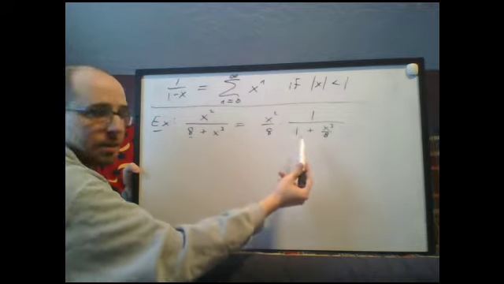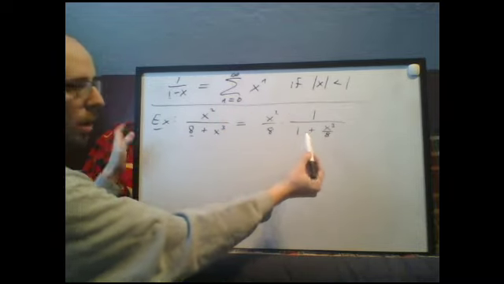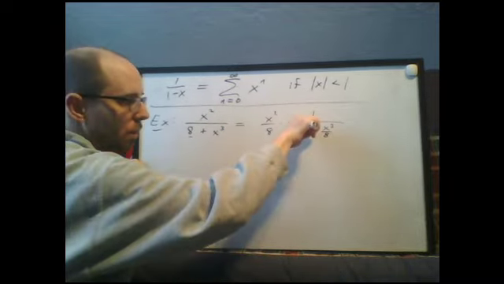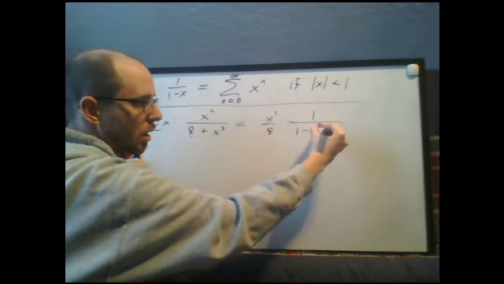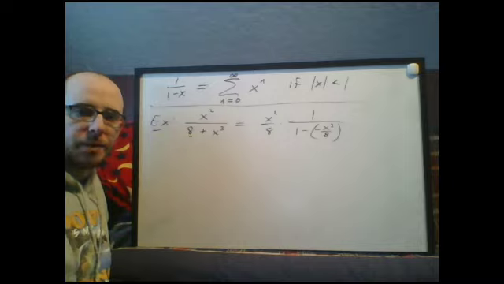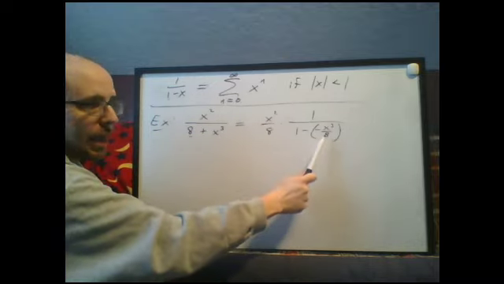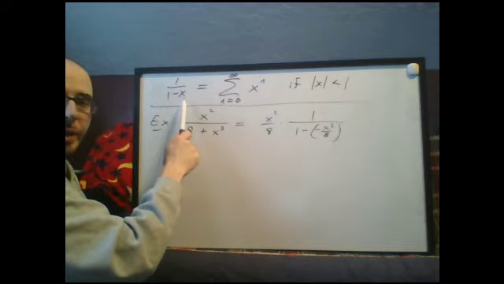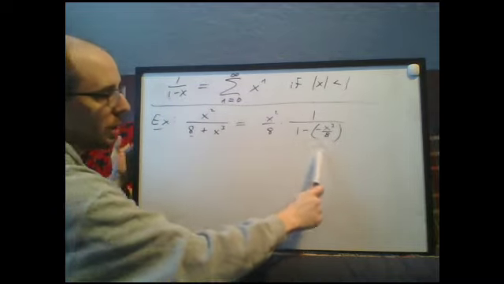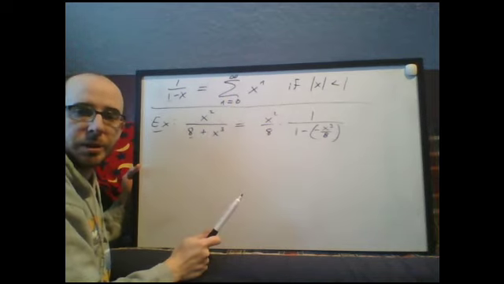Now this fraction by itself, the second fraction, that's very similar to the previous problem. I can now think of that as 1 minus negative x cubed over 8. And so now this fraction is just like plugging in negative x cubed over 8 in place of x. So I can take this fraction and I can write it as a power series, just like the previous problem.